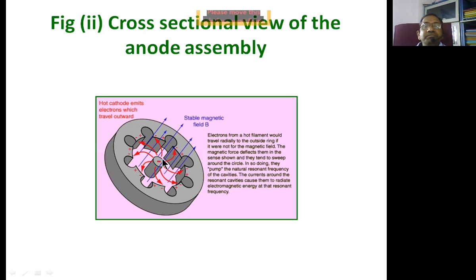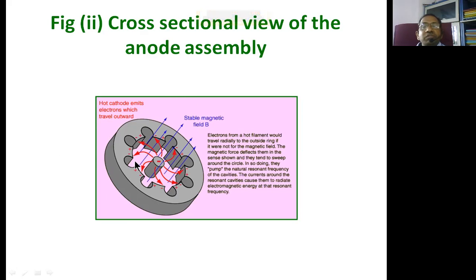Because this inner conductor is a cathode, it is represented with a negative sign because it is emitting the electrons. If you see these blue arrows, these are nothing but the magnetic field lines, which are perpendicular to the electric field lines.